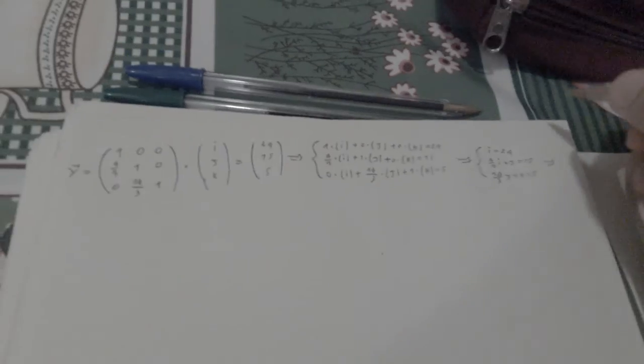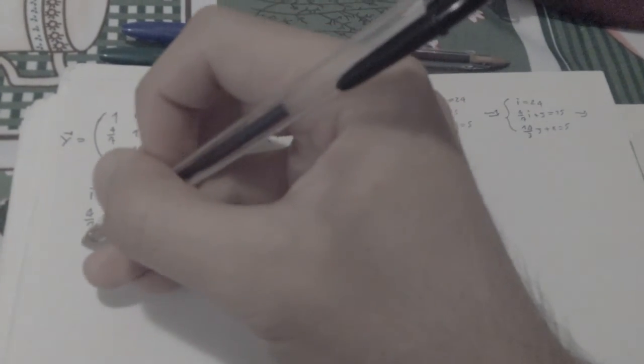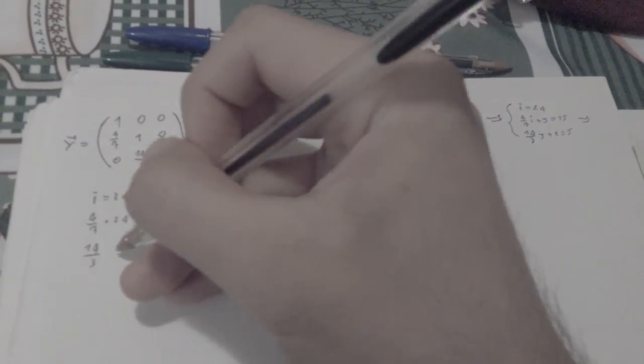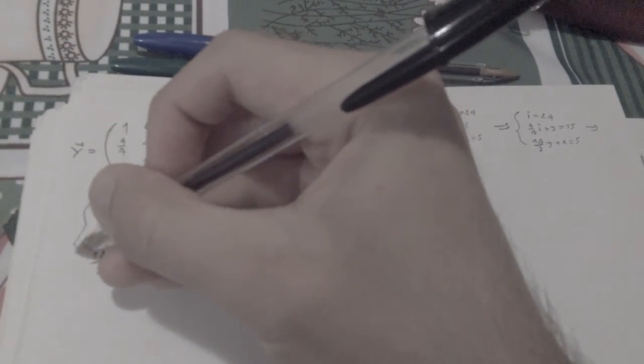And again, we keep going on. We have i equal to 24, 4 over 7 times 24 plus j equal to 15, 14 over 3 j plus k equal to 5.